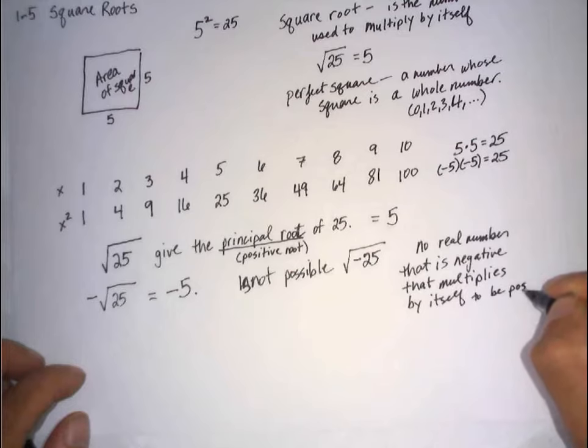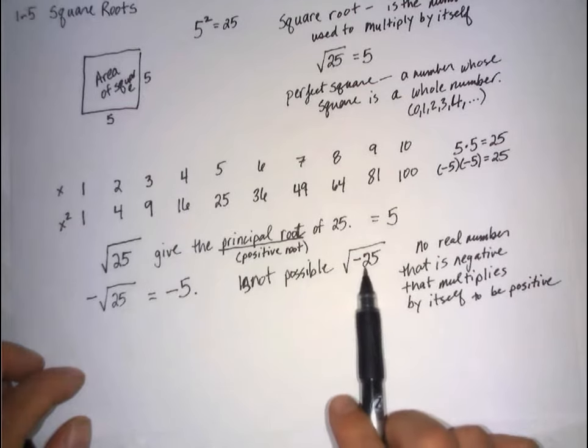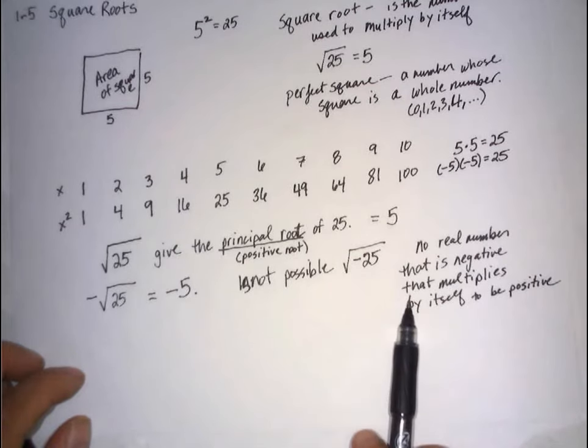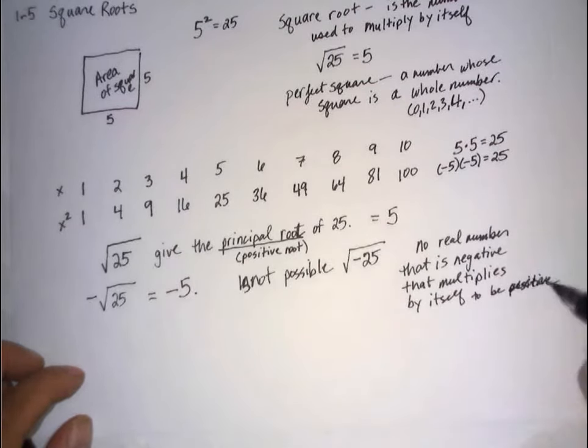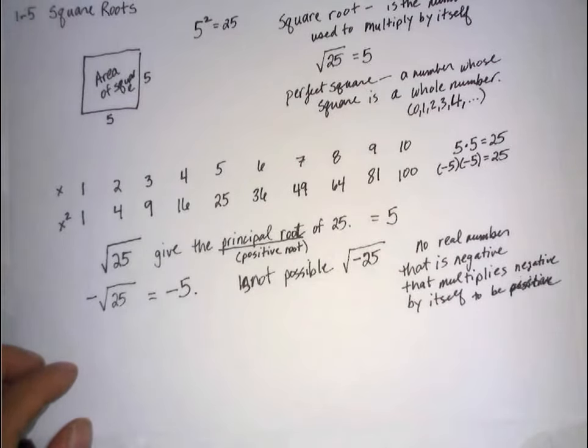A negative times a negative is a positive, not a negative. There is a different kind of number that we're going to introduce in Algebra 2 that handles negative square roots. But for now, we're just going to stick with positive square roots.